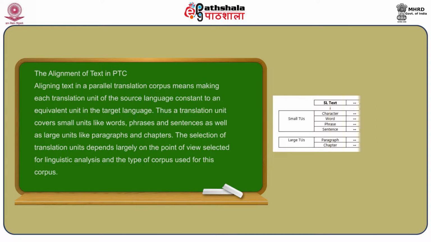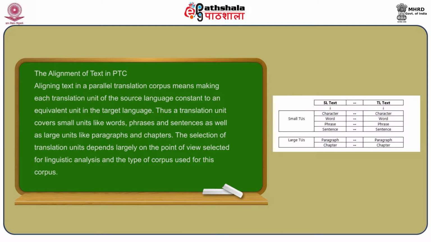Since the construction of a parallel translation corpus in Indian languages is full of hurdles, the methodology, the strategies, the policies we propose here give us a roadmap to focus on the techniques we need to adopt to achieve this task. The first thing is the alignment of texts in a parallel translation corpus.